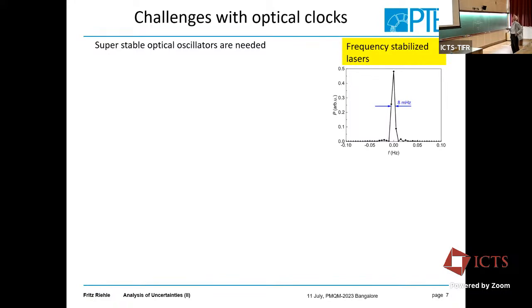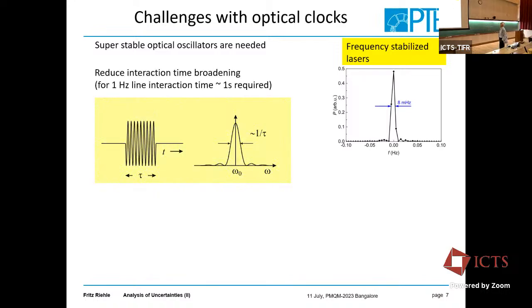The best frequency stabilized lasers today can be below 10 millihertz or so. So in principle, it's not a problem, but it's hard to achieve. And I still work in this field. It's my hobby. If you are interested in how we can do this, you can ask me afterwards.